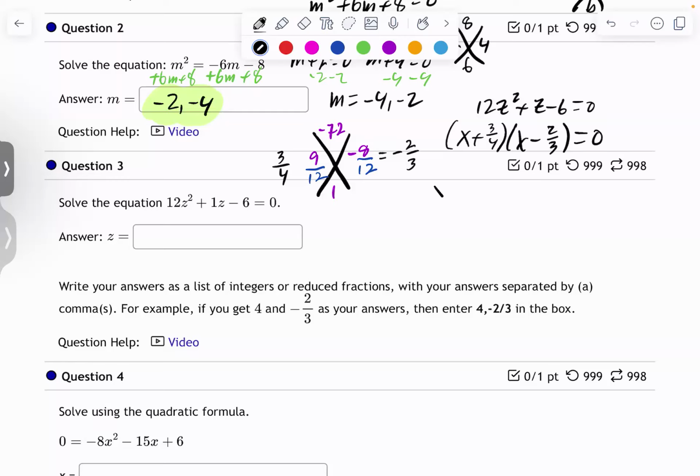Which means I now have the zero product property again. So there we are with our two solutions: negative 3/4 and a positive 2/3.